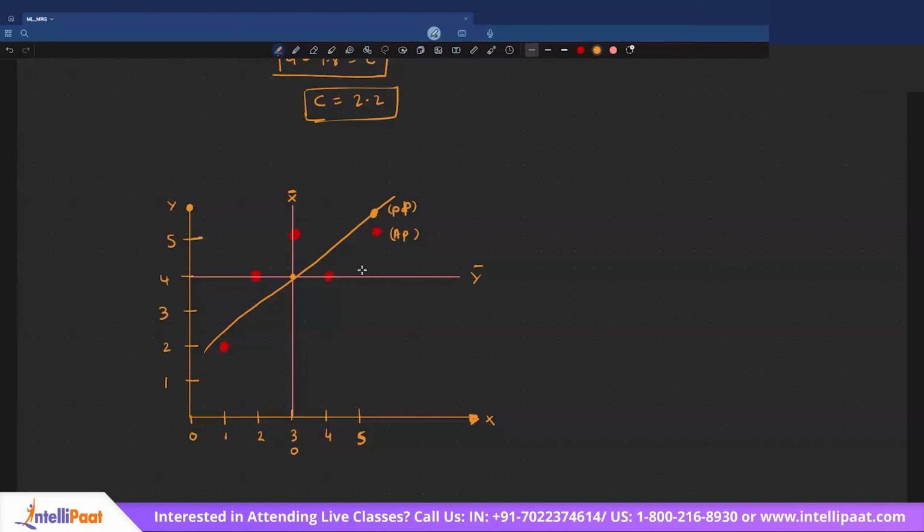Can I say it like this? Do you see there is some difference between them? Some distance, some error? Yes or no? This error exists here also, here as well, and here as well. There is some distance between these data points.